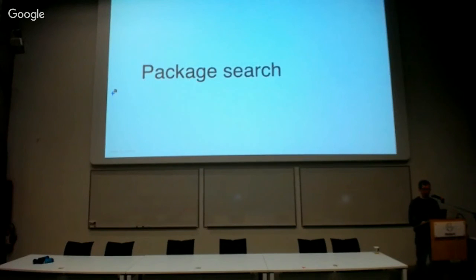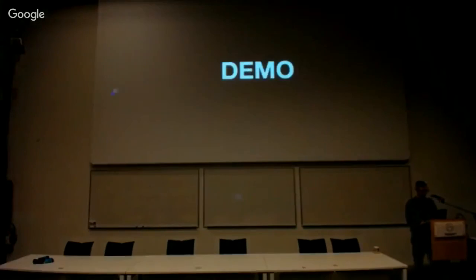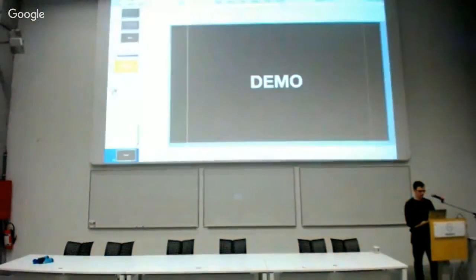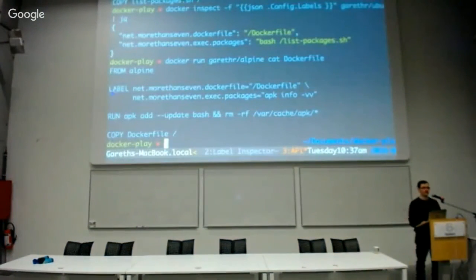And one of those little interfaces that I've built as an example is actually just package search. Because sometimes there's a certain package, and sometimes that package has a security problem, and someone comes along and says, so are we running any versions of OpenSSL that are insecure?